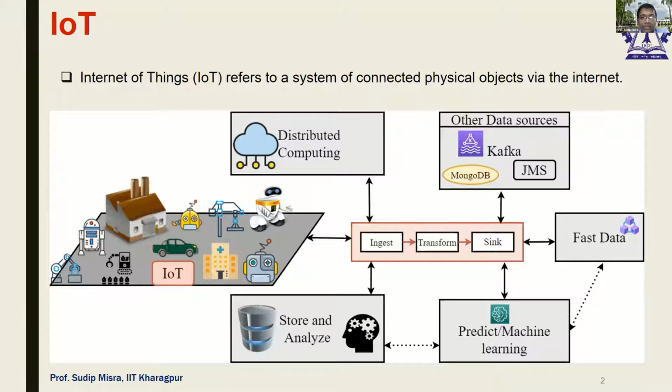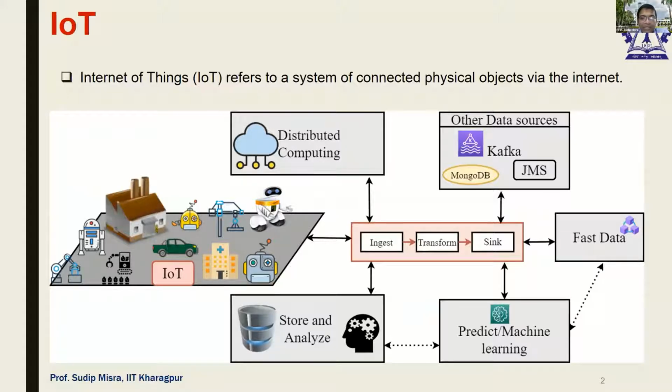So not only homes, actually, it can be anywhere, right? On the road, in our offices, or anywhere, depending on the use case that the particular IoT implementation tries to achieve, right?